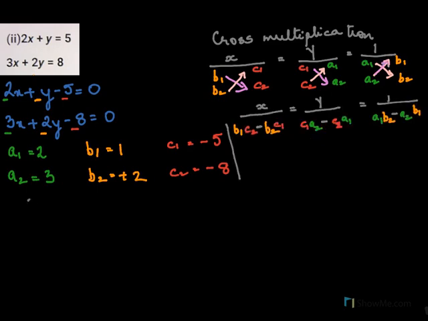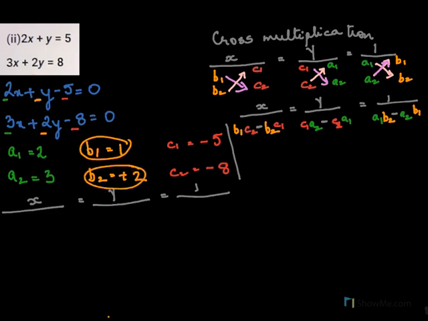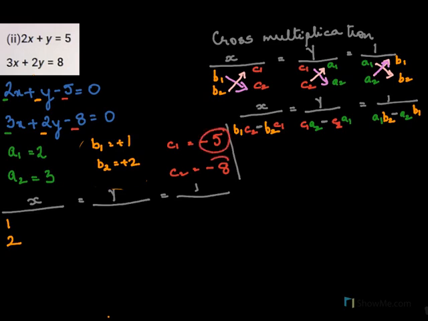Now to apply the same process here, we need to write x over equal to y over equal to 1 over, and we write our B1, B2 first. So this is our B1, this is B1, and we write B2 here, so 1 and 2. Then we have to write C1 and C2, so we write minus 5, minus 8.